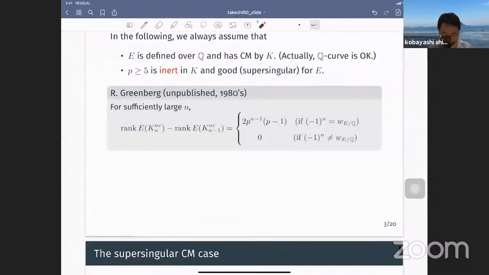So for example, if the root number is +1, then for even n, we have a new point. For odd n, we don't have a new point. So the behavior is a little bit strange.